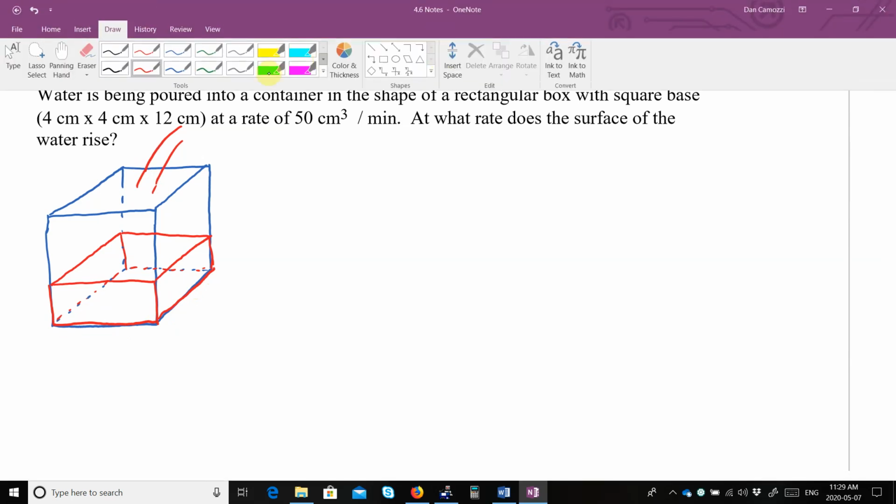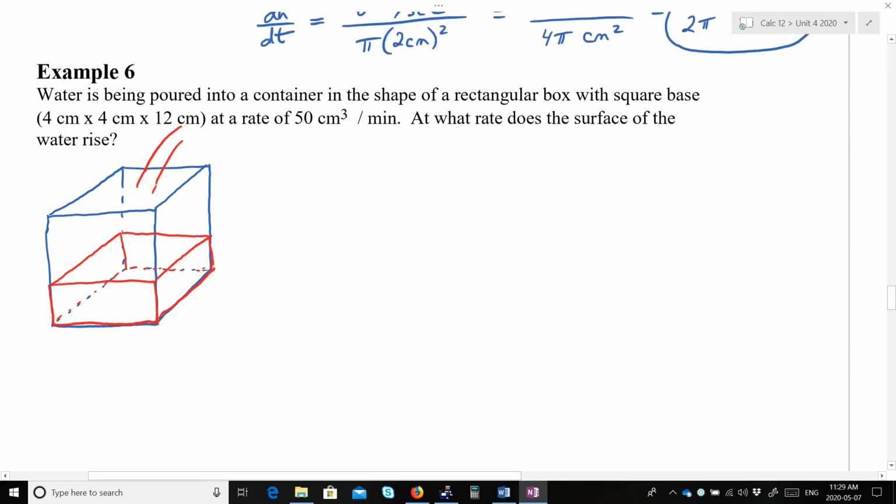Okay. Alright, so this is a rectangular box, a rectangular prism, and we have a volume of water going into the box, and we're interested in at what rate does the surface of the water rise.